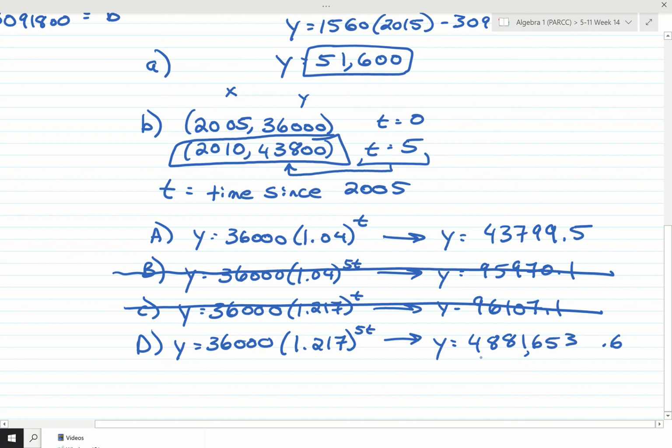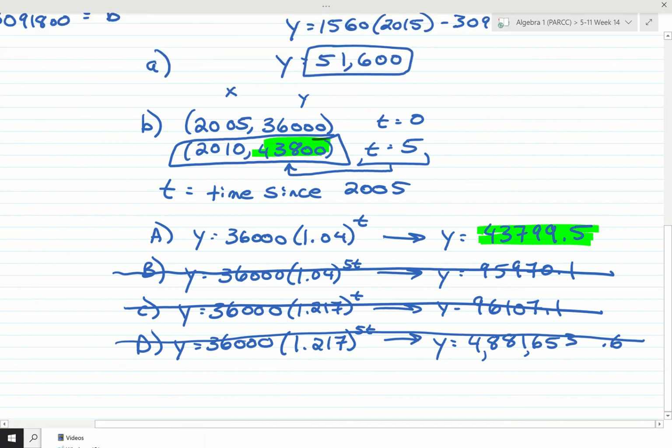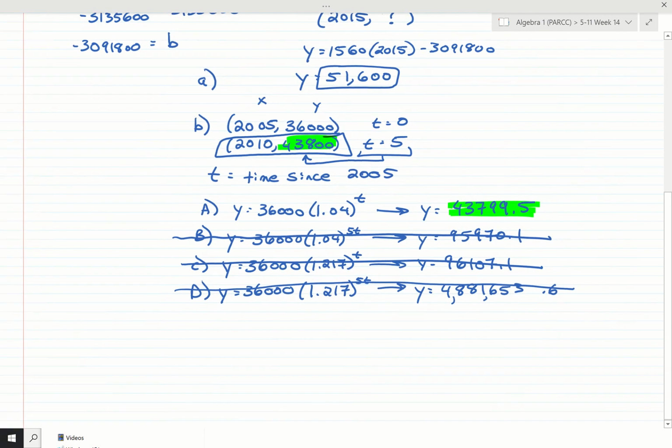Obviously, that's a huge number. 4 million is nowhere near close to what we were supposed to get. We're supposed to get 43,800, and 43,799.5 is pretty darn close. So I'm going to say that the answer for part B is A. Let's go to part C now.